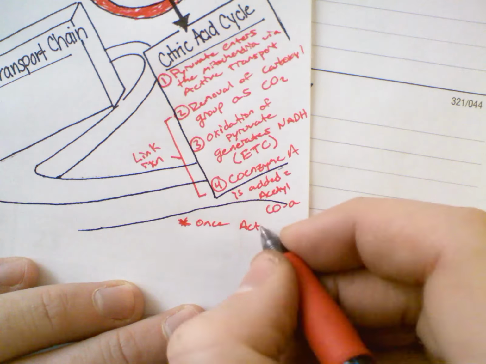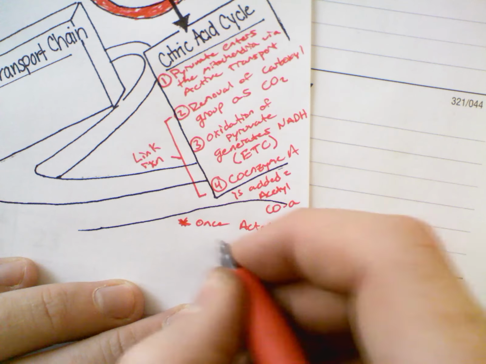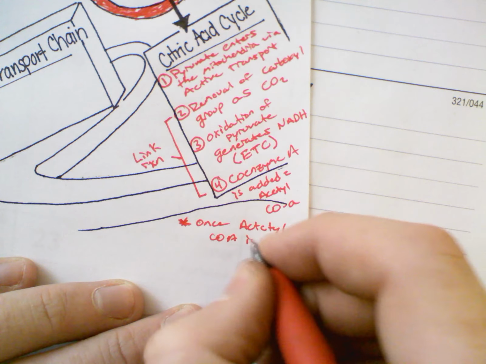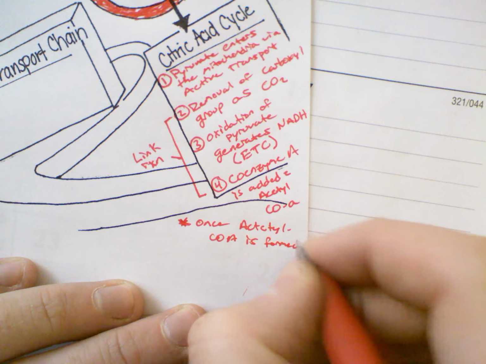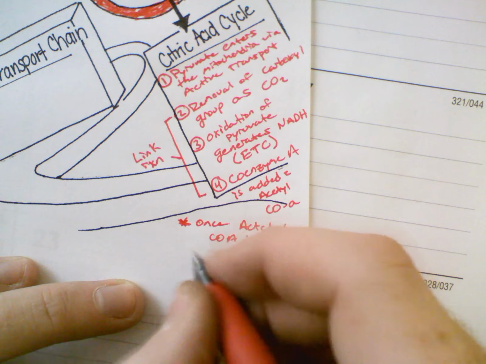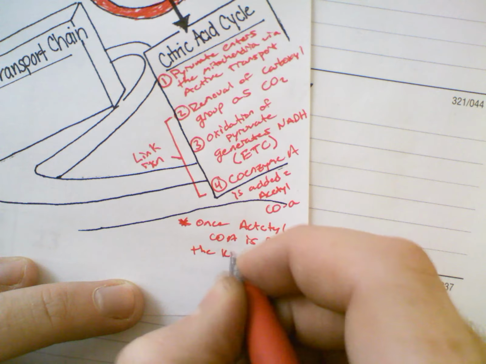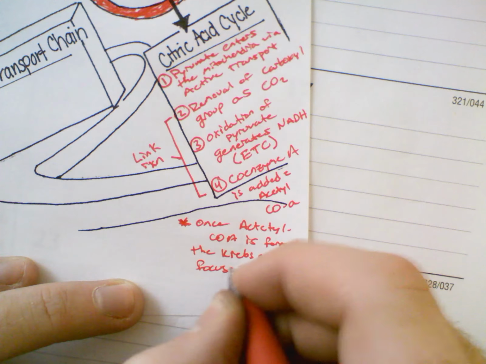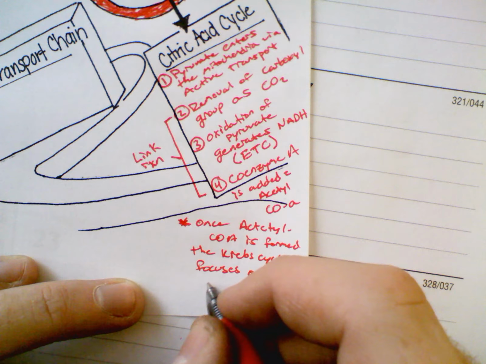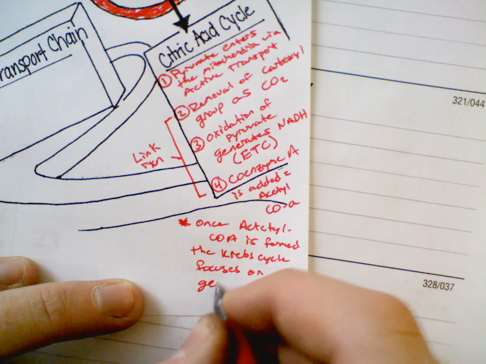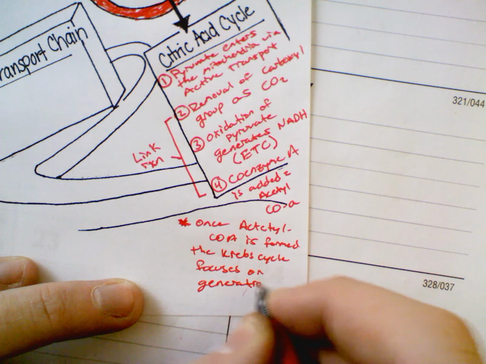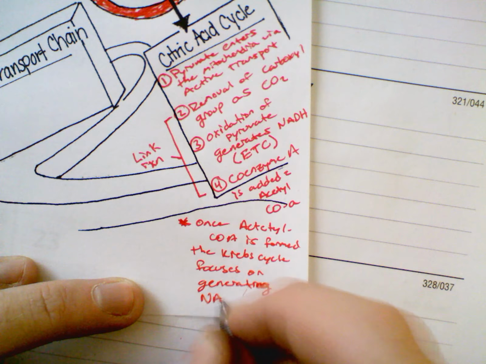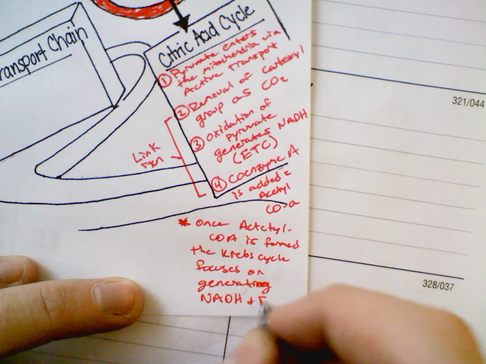Once acetyl coenzyme A is formed, the Krebs cycle focuses on generating NADH and FADH.